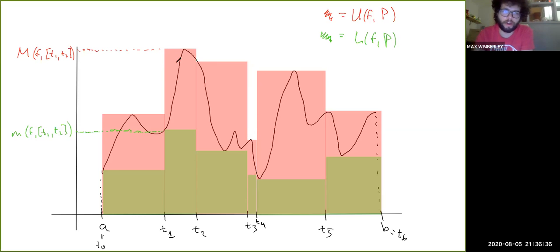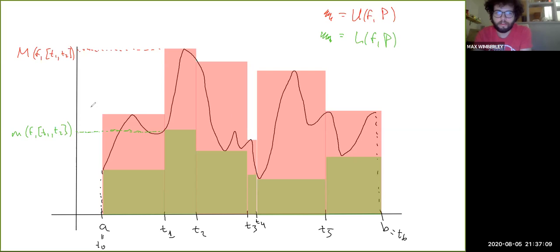For one of the rectangles, I marked out what those values are for the upper and lower versions. For the second rectangle, you can see capital M is up here, while little m is down here. Capital M appears to actually be achieved between t1 and t2, so it's not always at some endpoint. Over here, in the 6th rectangle, little m is also achieved somewhere between t5 and t6.